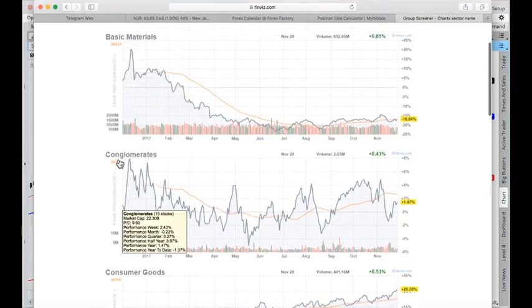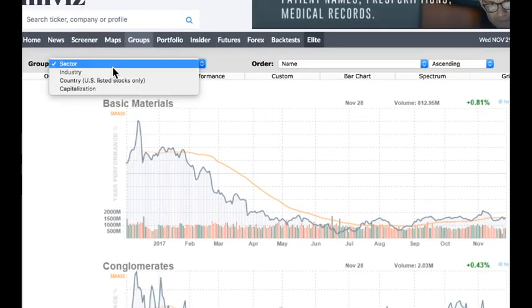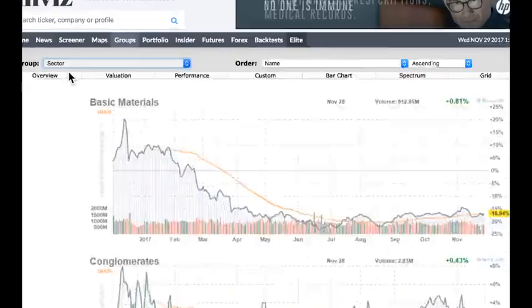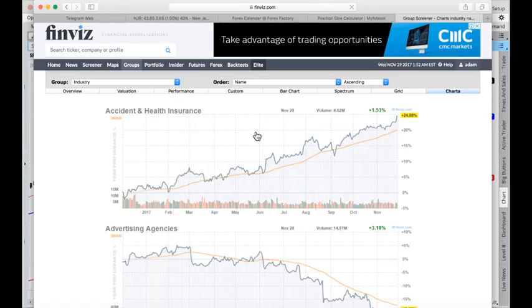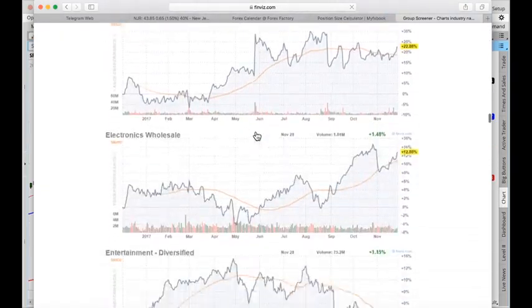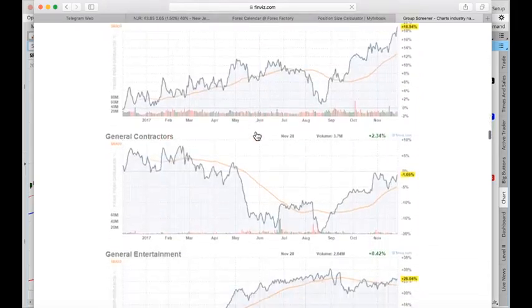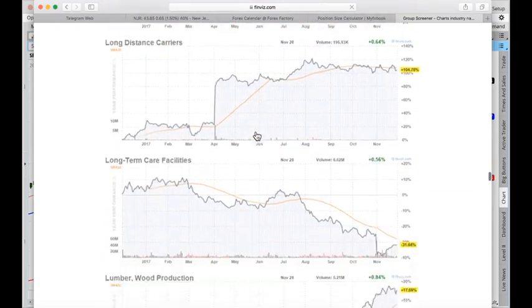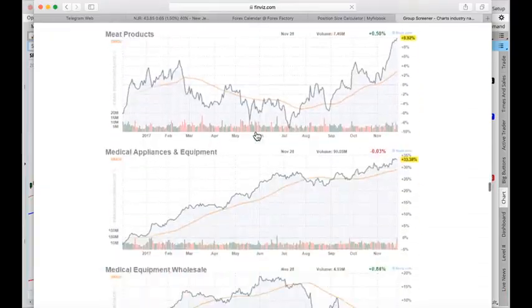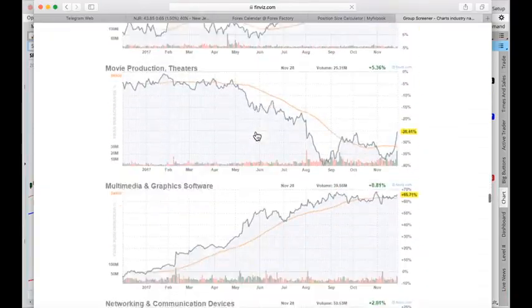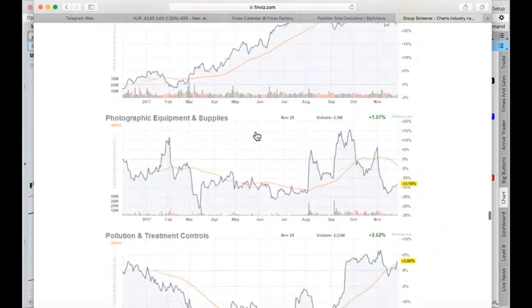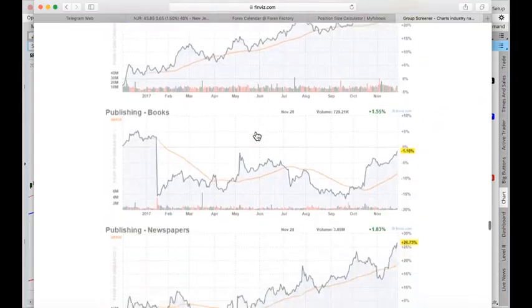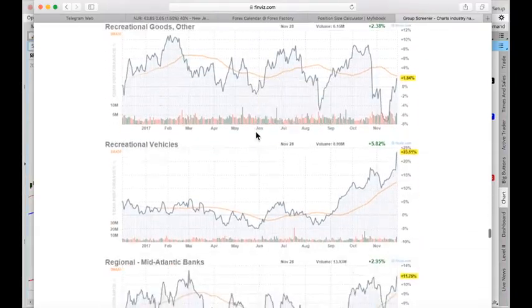Okay. Now, if you want to be a bit more strict, you can also look at the industry. Okay, and recall what industry is PII in? It's in the recreational vehicles industry. So you have to scroll down and look for recreational vehicles. Let me just look for R. There you go.